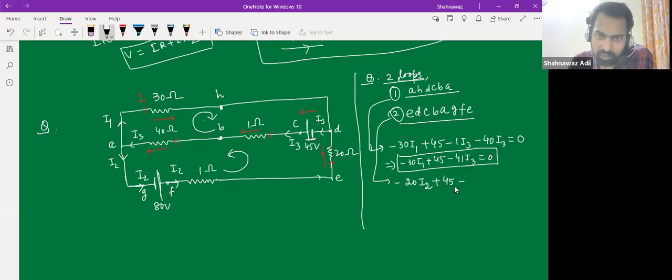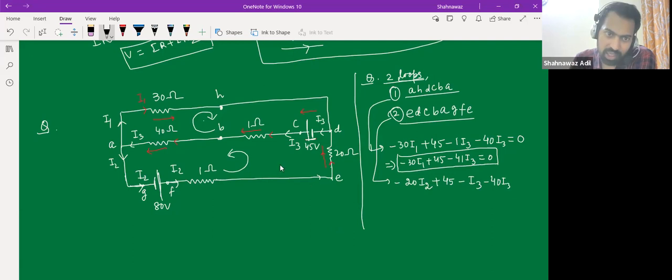After loop 2, can you explain plus V and minus V? I understood only minus IR and plus. Okay, I will explain it. Good that you guys are asking. So minus of I, what did you say? I3. And then we are coming to this part, I3 again in the same direction, so minus 40 I3.